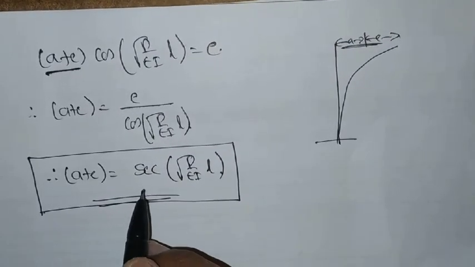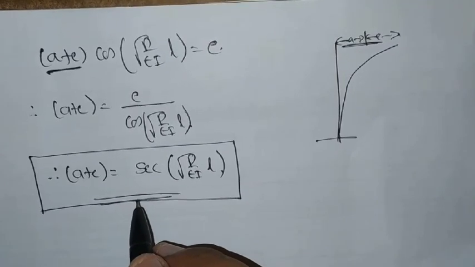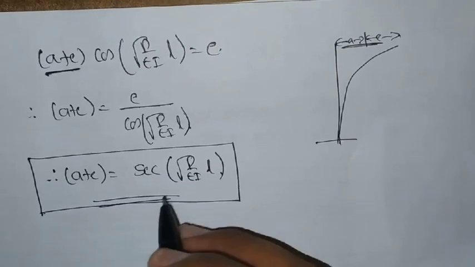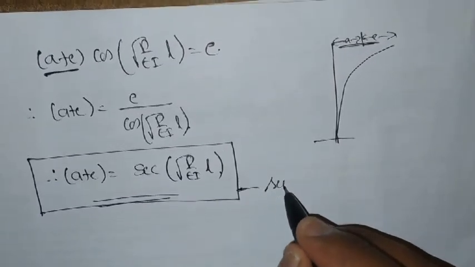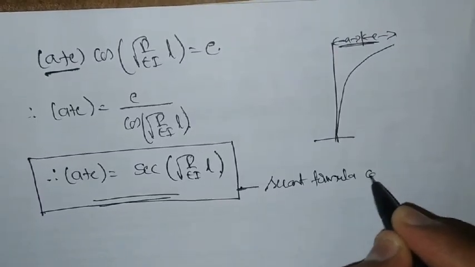This derivation can also be known as column under eccentric loading, or it can be called the secant formula.